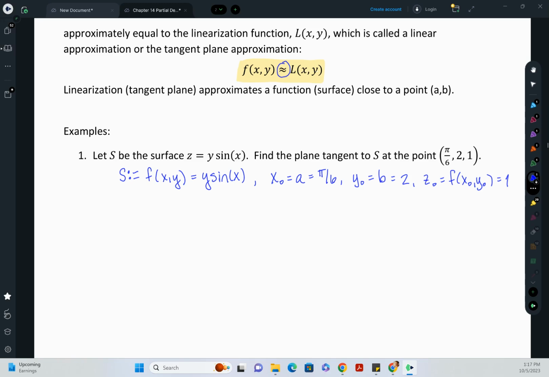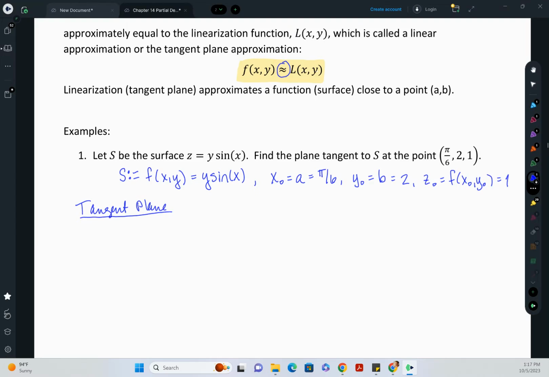All right, so those are all the ingredients that we have. We want to find a tangent plane. Remember that when you're being asked questions, it's always important to ask yourself, what am I being asked for? And if I know what I'm being asked for, then I should write down that thing.